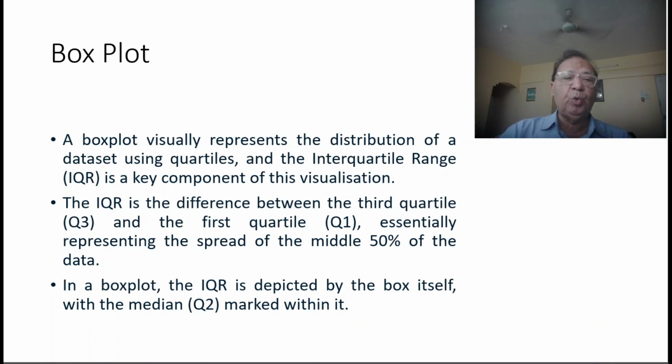The IQR is the difference between the third quartile and first quartile, essentially representing the spread of middle 50% of the data. In a box plot, the IQR is depicted by the box itself with the median marked within it.